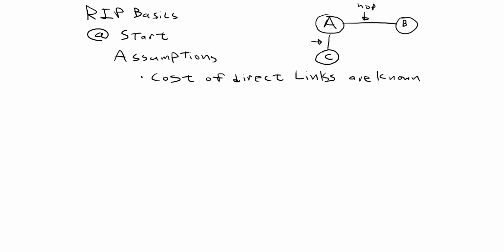We also assume that we know, let's say not we, let's say A will know about its directly connected neighbors.